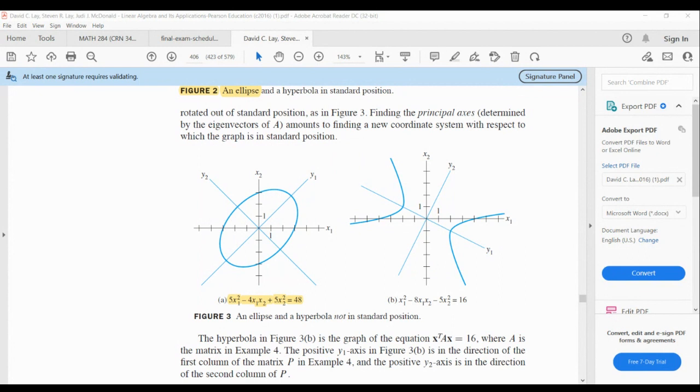But the x1 and x2 axes are not convenient frames of reference for this ellipse. It's better to have the axes y1 and y2. That's better. Basically, the intercepts are very easy to see if we use y1 and y2 axes.